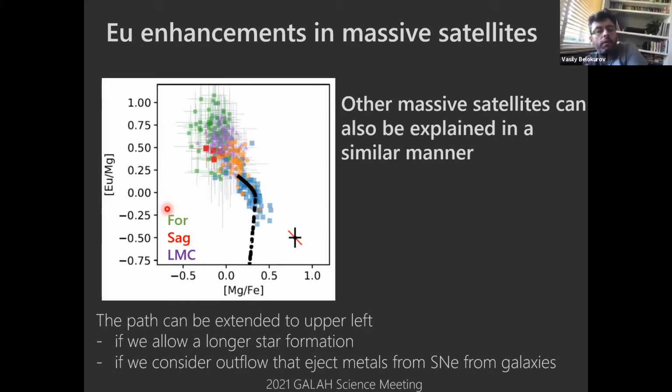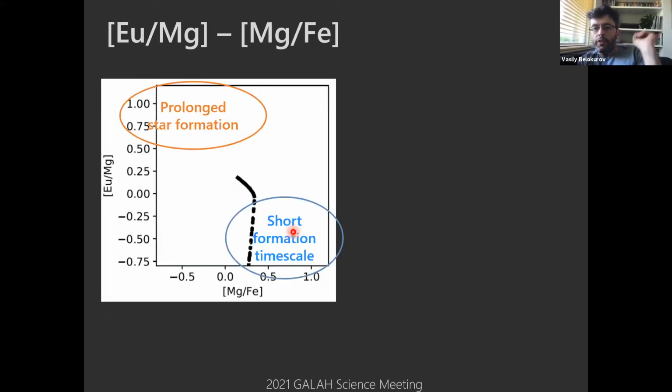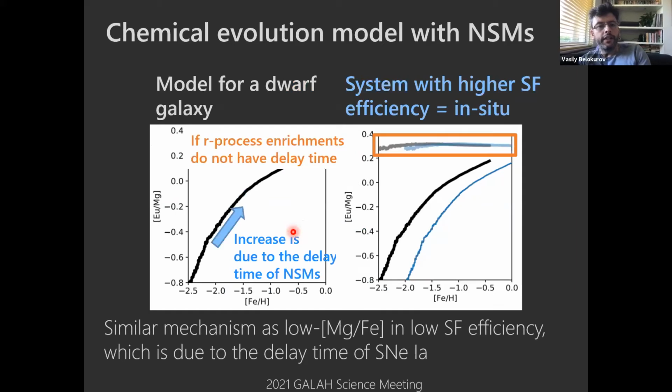So why do you favor the neutron star mergers versus core collapse if the europium versus iron is high and flat, just like your model for very short time? So I didn't understand. You said, look at this. That would be a prediction of an alternative model, right?